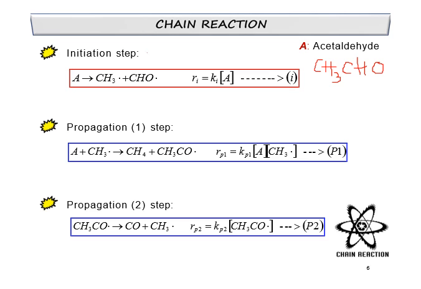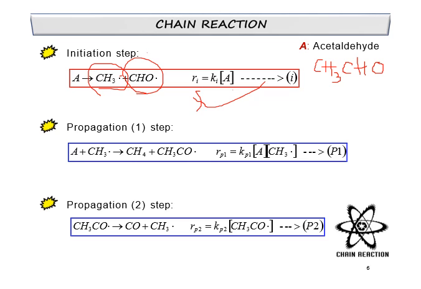Untuk initiation step, the acetaldehyde will be first decomposed into radical CH3 and also CHO, radical CH3 dot and CHO dot. So that is initiation step, and then the rate law you can write to be like this. Okay, the rate law there.